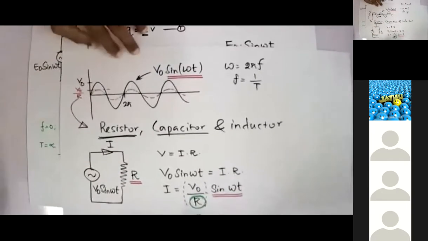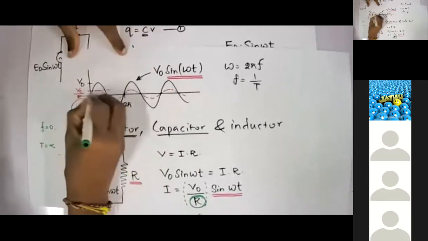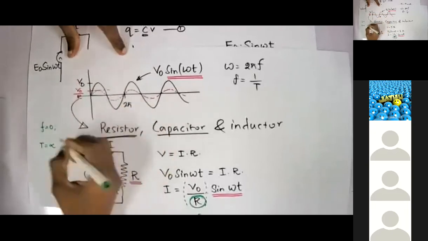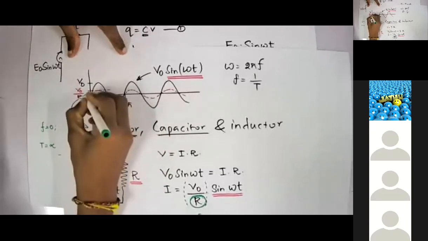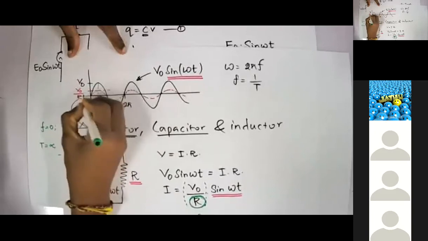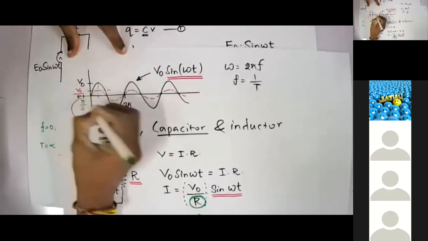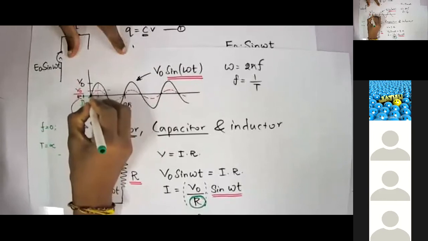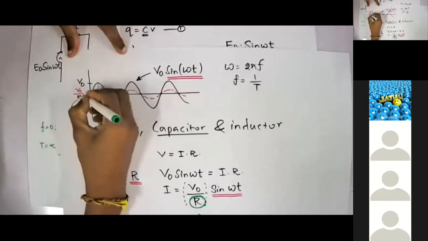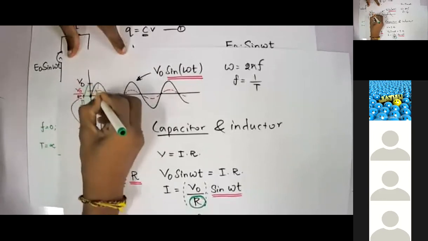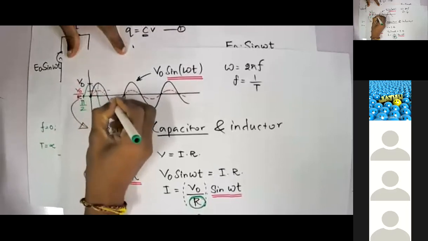Now comes this pi by 2. This is your sine theta and plus pi by 2. Your waveform will have a pi by 2 added here. This will be 0 plus pi by 2, starting from here, something like this.